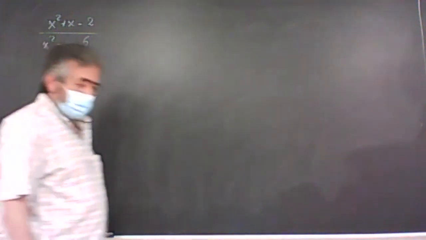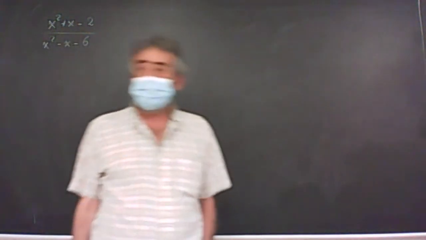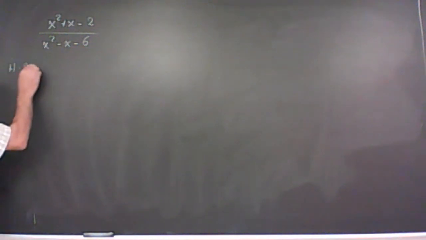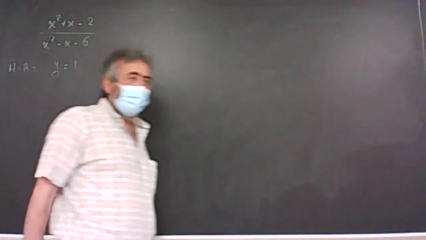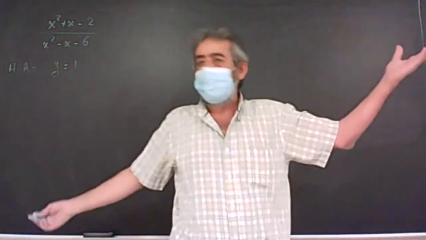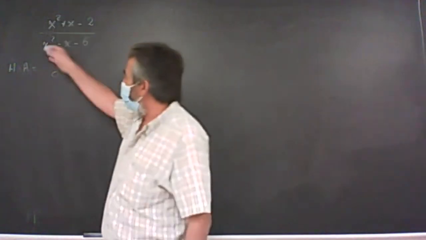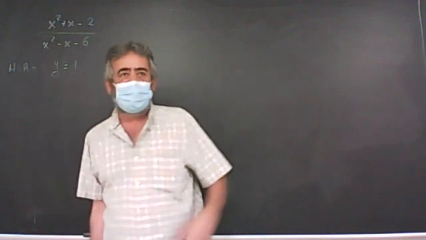Let's go ahead and determine all the vertical and horizontal asymptotes. Now notice, for horizontal asymptotes, we can tell right away. What's the horizontal asymptote? y equals 1. It's either going to be the coefficient, or 0, or none. The coefficient is 1. We're done. We got half the credit.